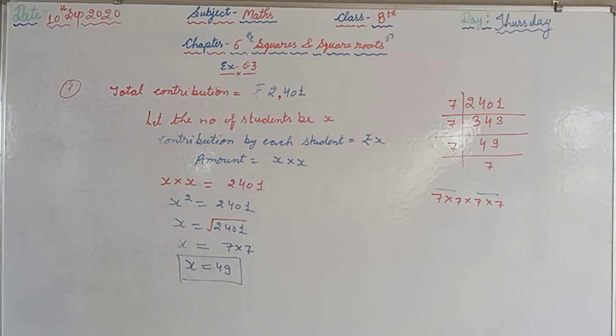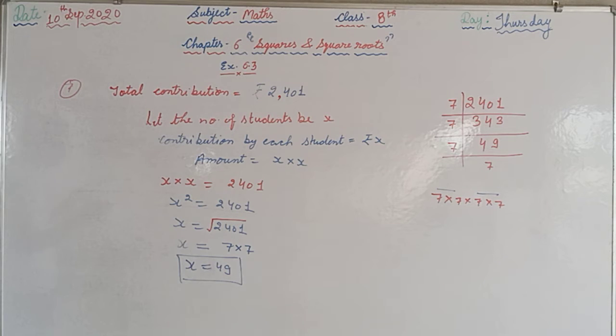Now in the next question, the total number of plants is 2025, and there are rows. In each row there are some plants, and the number of plants equals the number of rows.